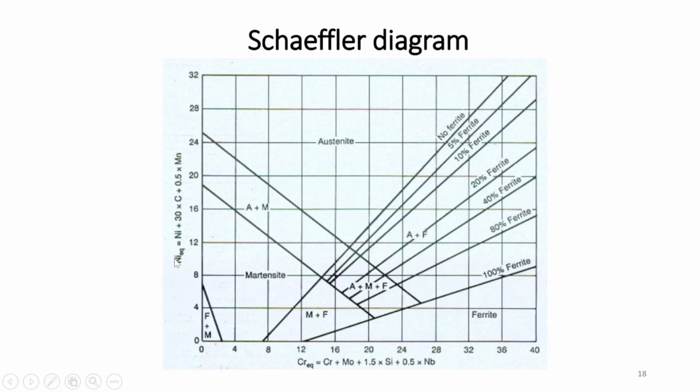If you have a higher amount of nickel equivalent, here nickel, carbon and manganese, the presence of these three elements will lead to formation of more austenite. And if there is presence of chromium, molybdenum, silicon and niobium, then it is more likely to form ferrite. Based on these you can find out at what percentage you will be getting ferrite or austenite or martensite.